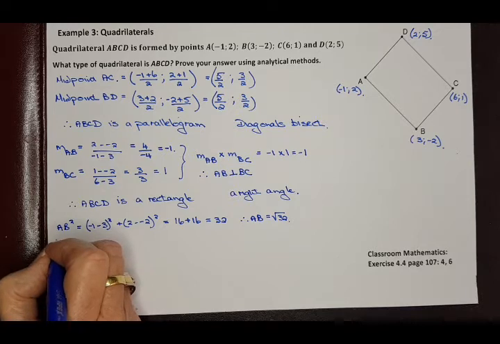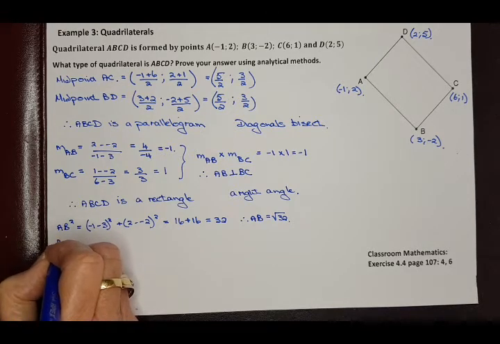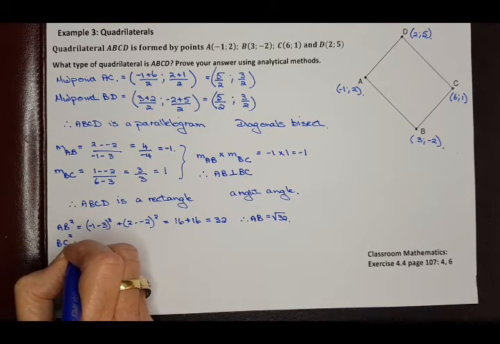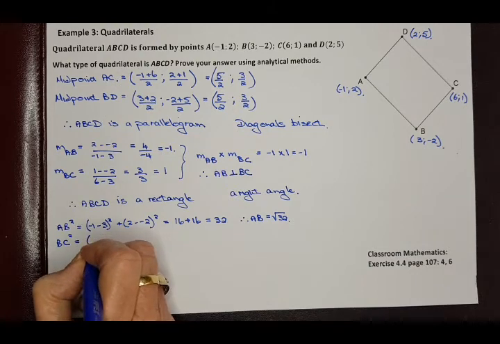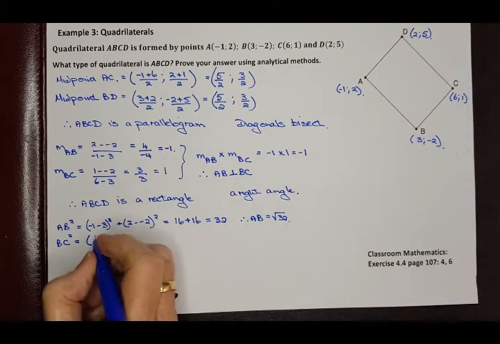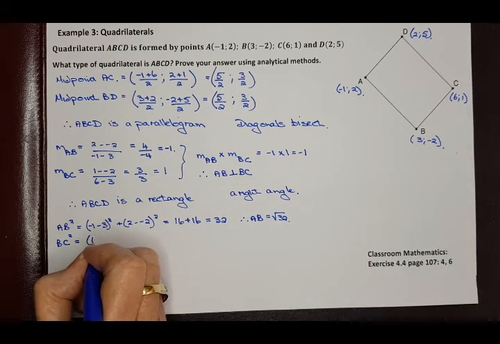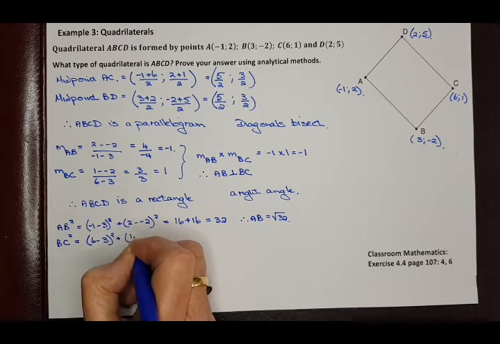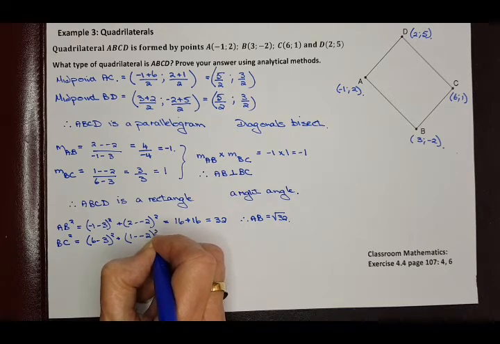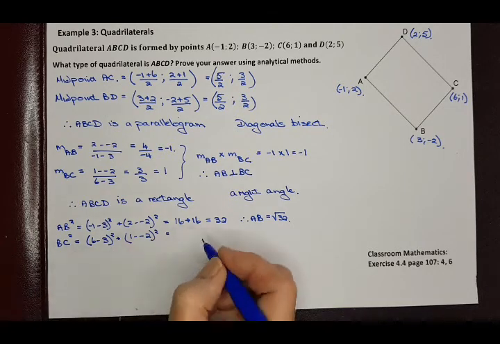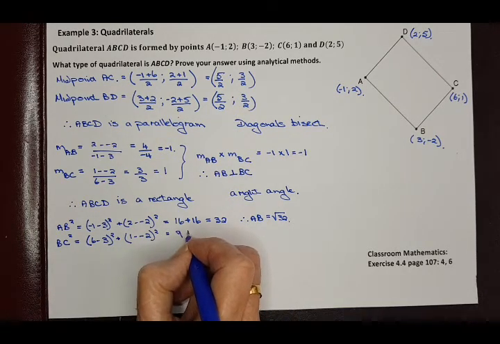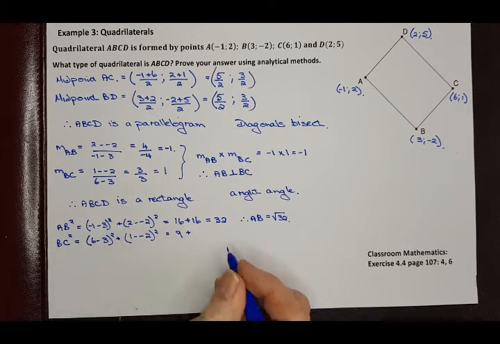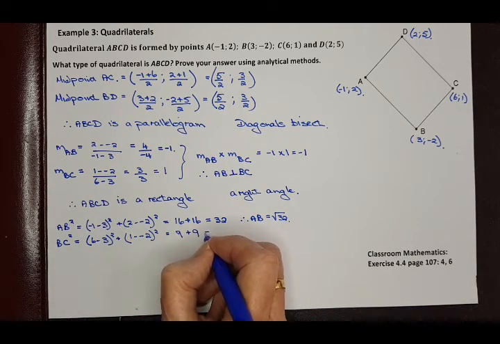If I was to work out the length of BC, I do need to check an adjacent pair of sides. Okay, it would be the difference between my x's, 6 minus 3 squared, plus 1 minus minus 2 squared. 6 minus 3 is 3, 3 squared is 9, 1 plus 2 is 3, 3 squared is 9.